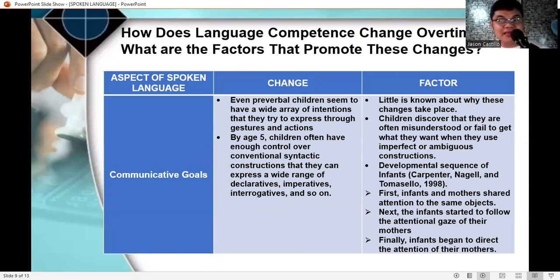On how they communicate. Okay, even pre-verbal children seem to have a wide array of intentions they try to express through gestures and action. So the child, even though he is not yet speaking, knows how to communicate with others by the use of gesture.